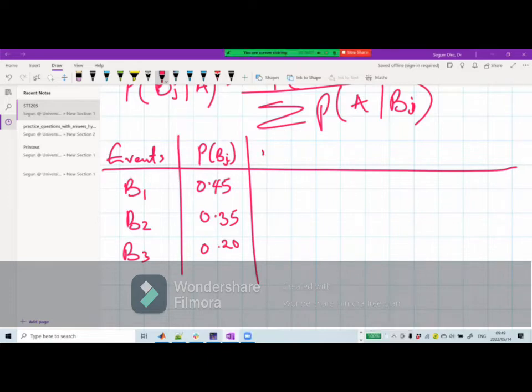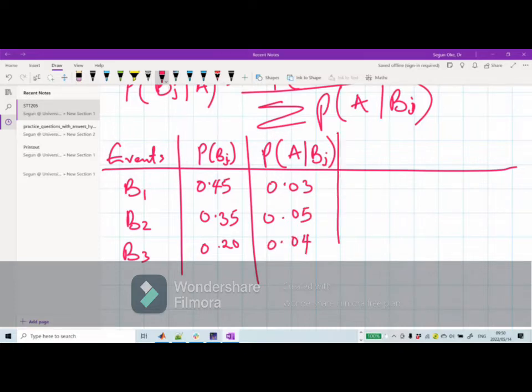Now, we need to calculate the probability of A given B1, A given B2, A given B3. A given B1 is 0.03, which is already in the question, so you've not done anything here. But we need the definition of probability of A intersection BJ.